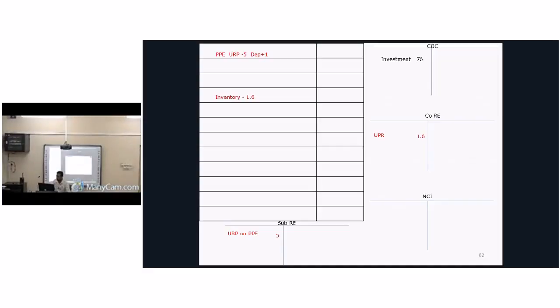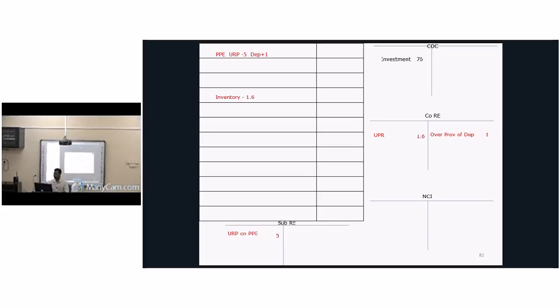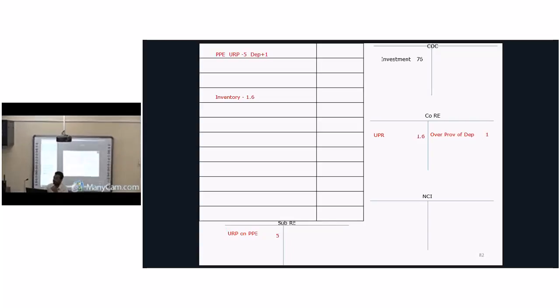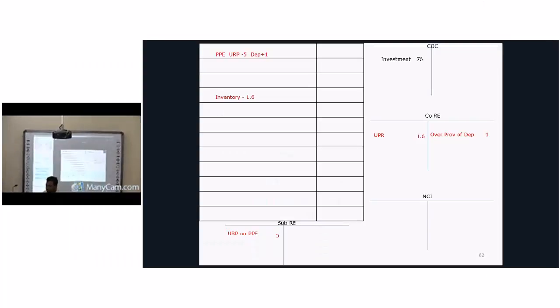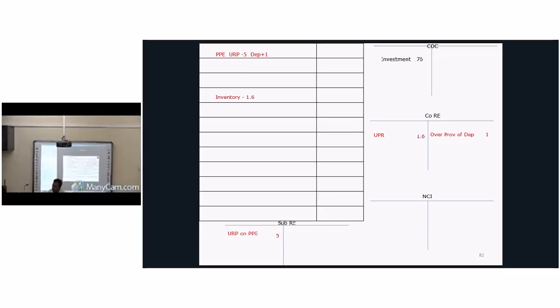And credit to consolidated retained earnings account for the over provision of depreciation.